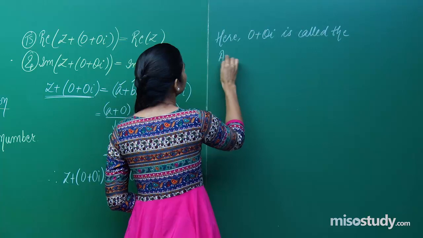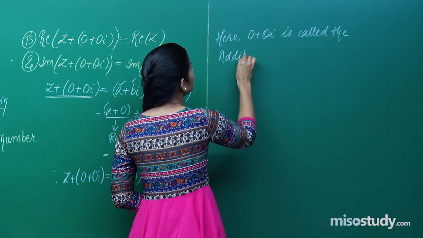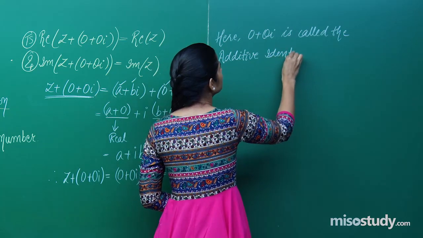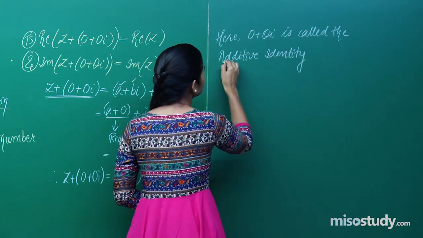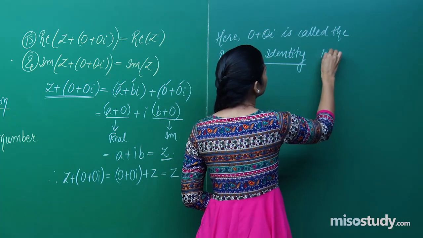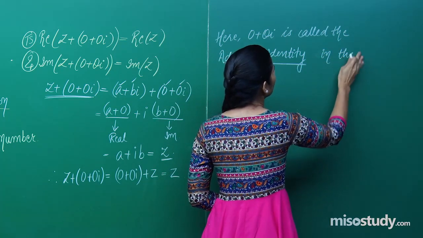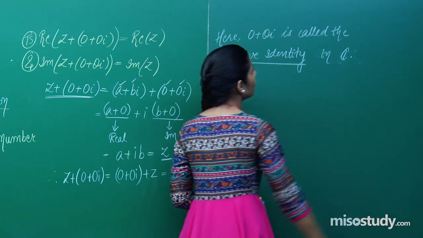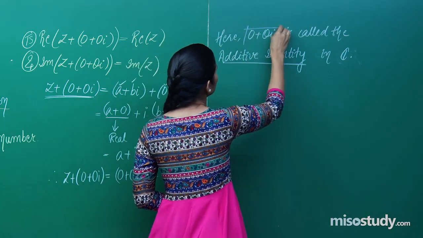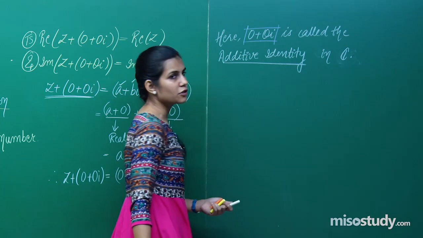the additive identity in the set of complex numbers. 0 plus 0 iota is called the additive identity in the set of complex numbers.